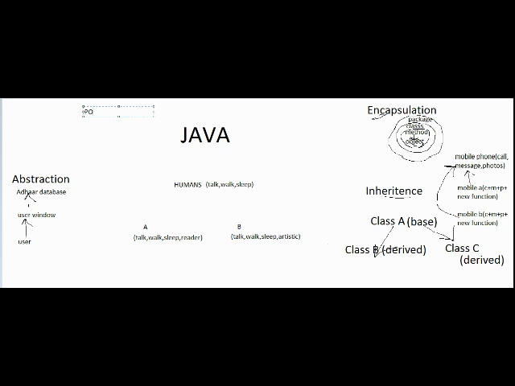Now, someone has decided that he will inherit these three functions which you had implemented in your class mobile, and he wants to add some new functions of his own. Similarly, person B also wants to inherit those properties and implement his own properties.